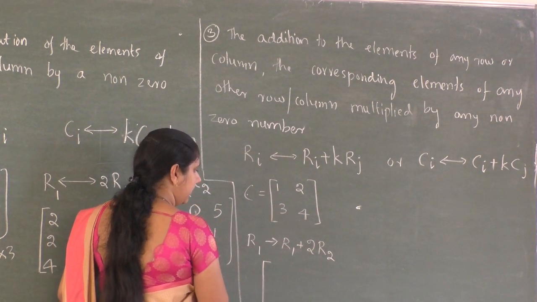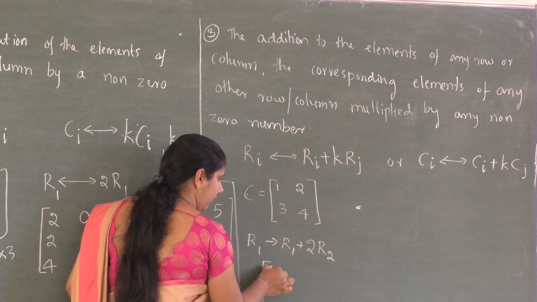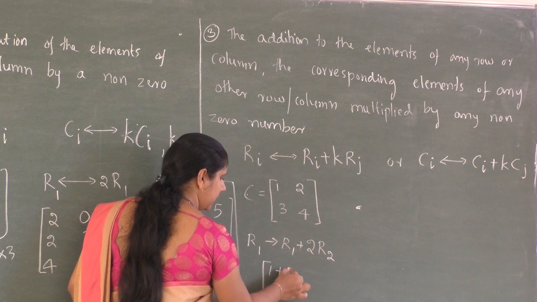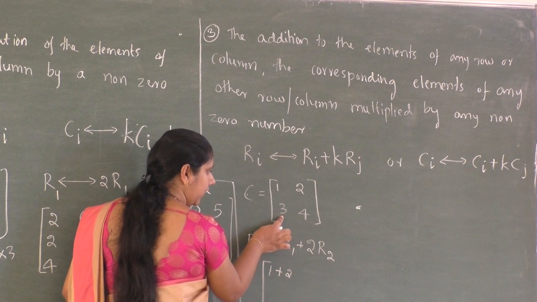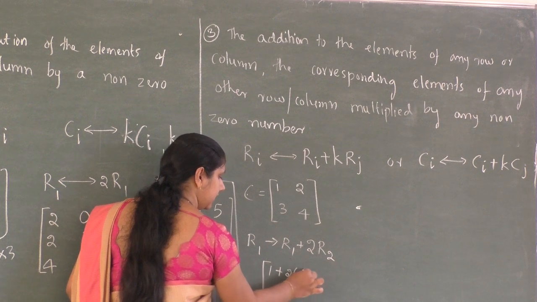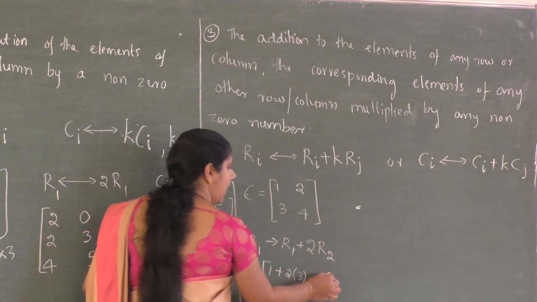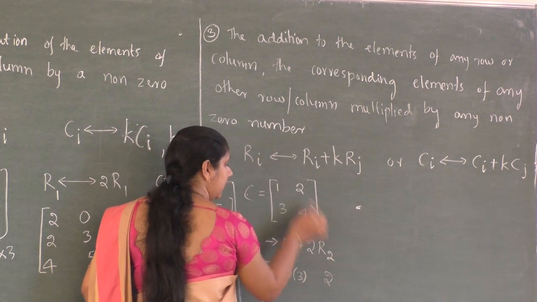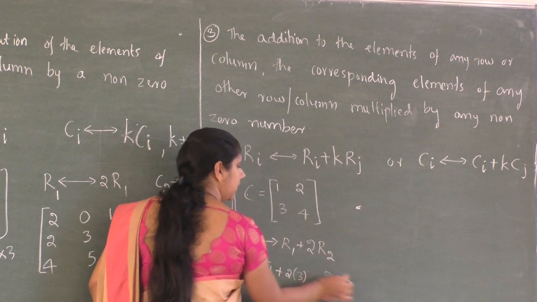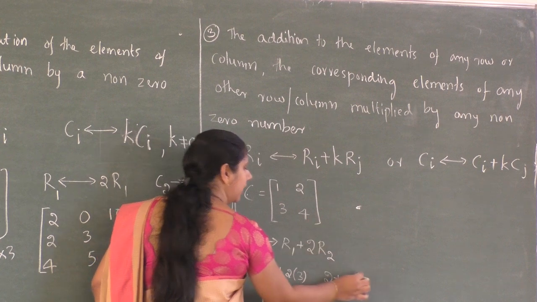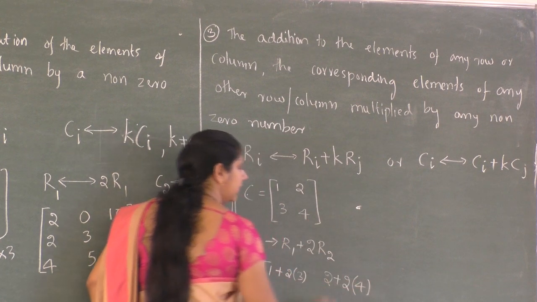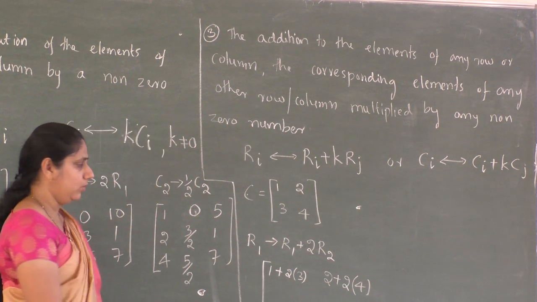So the first element should be of the form 1 plus 2 into the corresponding element of R2, that is 3. So 1 plus 2 into 3. The element present in R1 is 2, plus 2 into the corresponding element in R2, that is 2 plus 2 into 4.